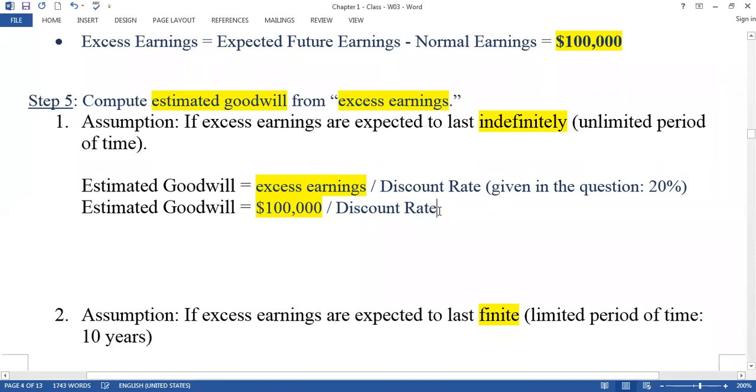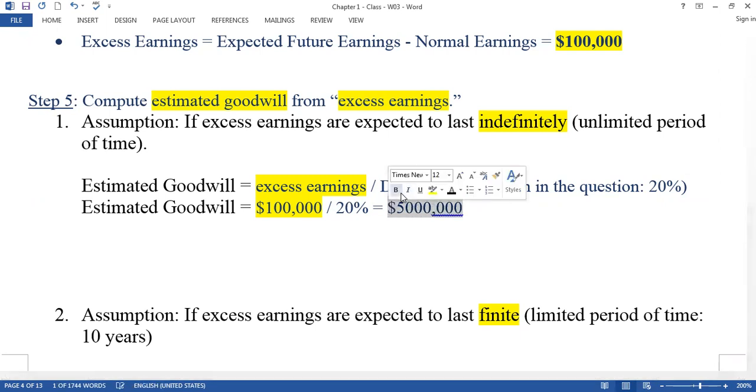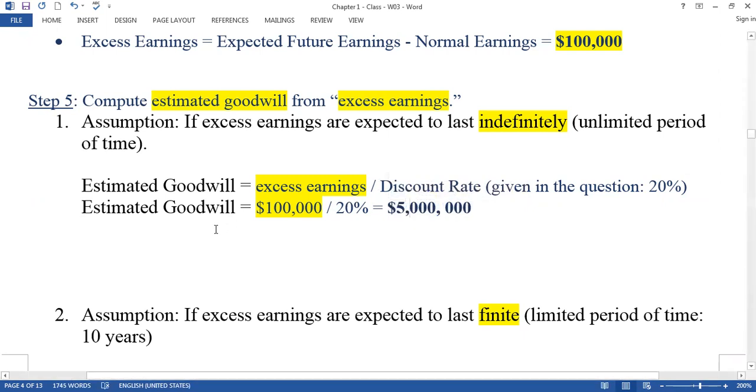So 100,000 divided by 20% equals $500,000 maybe. So this is the estimated goodwill. So excess earnings divided by the discount rate, when it is unlimited.